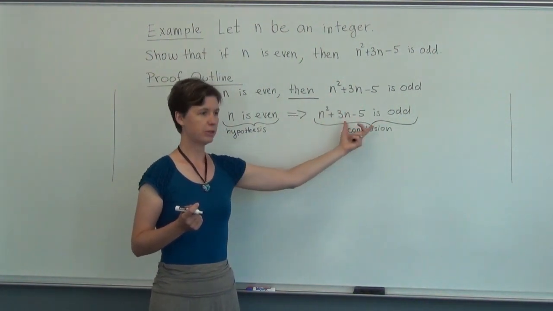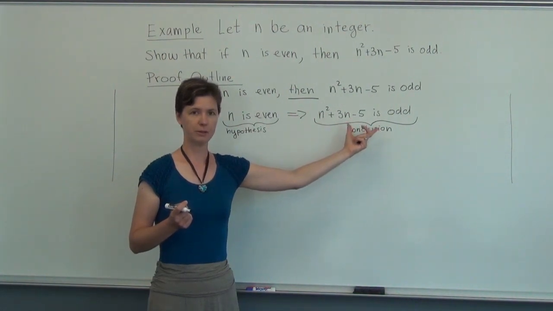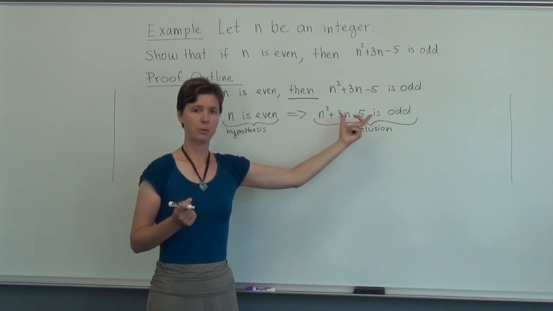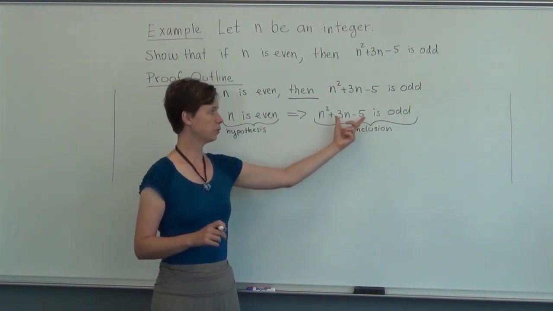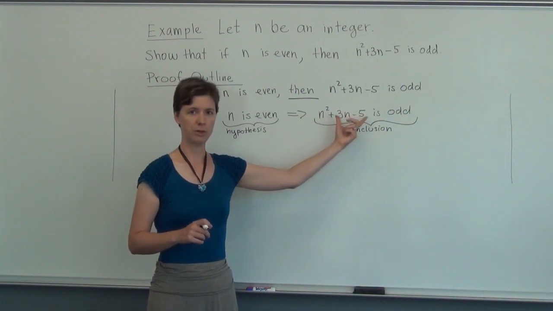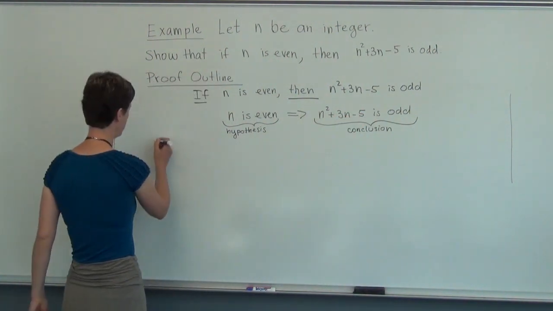So we will typically start by looking at the conclusion. We cannot assume the conclusion, but what we have to do is ask ourselves, what does it take to show that this is odd? So here is our question.